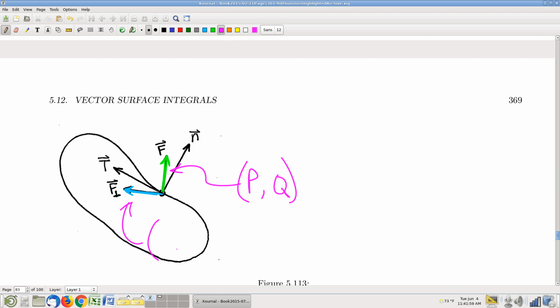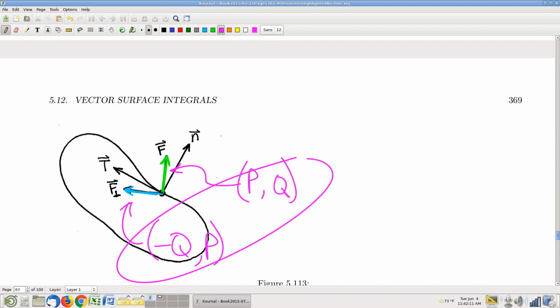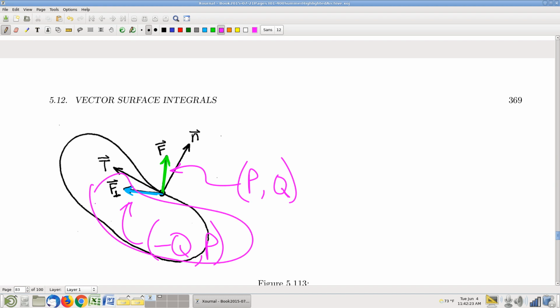These are going to be perpendicular, therefore the dot product is 0, and we get negative Q comma P. And you can just confirm that these two vectors have the same magnitude and their dot product is 0. Casual observation. So there's F perp, negative Q comma P.